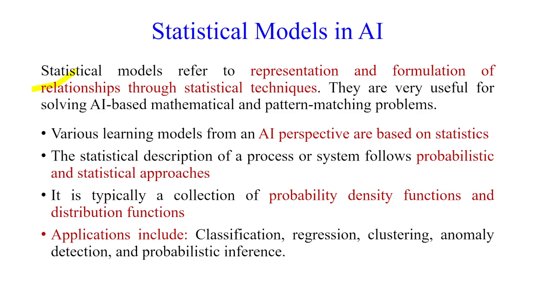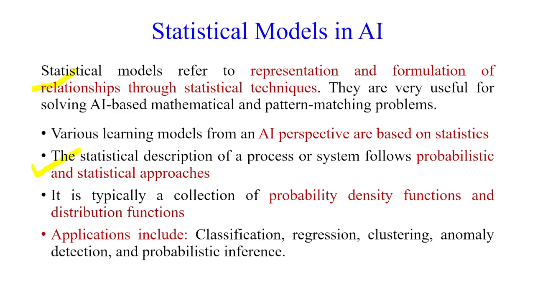The statistical description of a process or system follows probabilistic and statistical approaches. So instead of saying this will definitely happen, statistical models say that there is an 80% probability that this will happen.